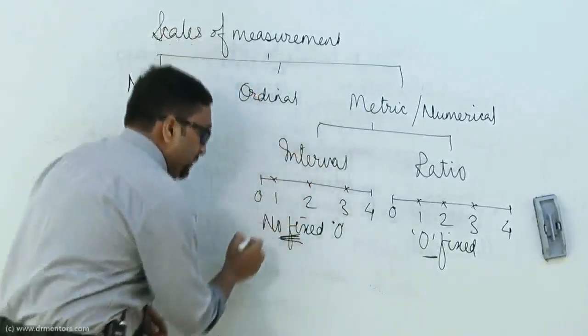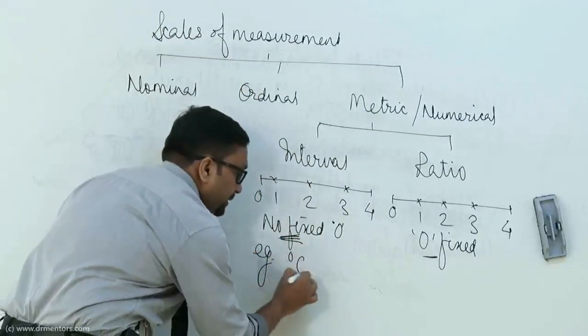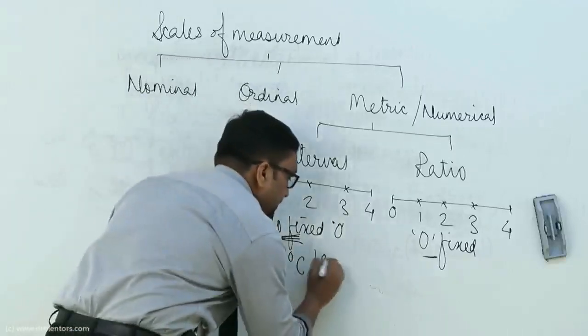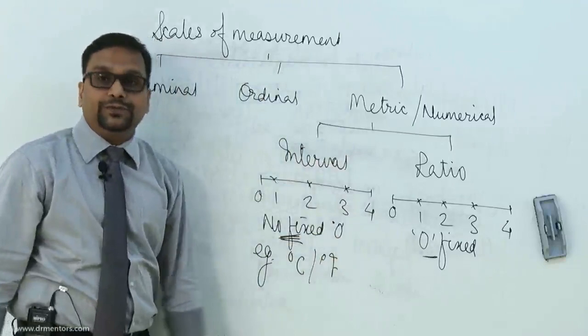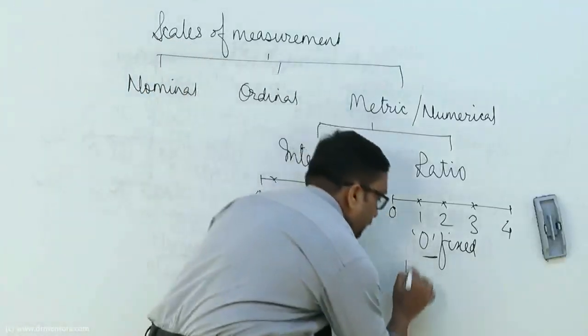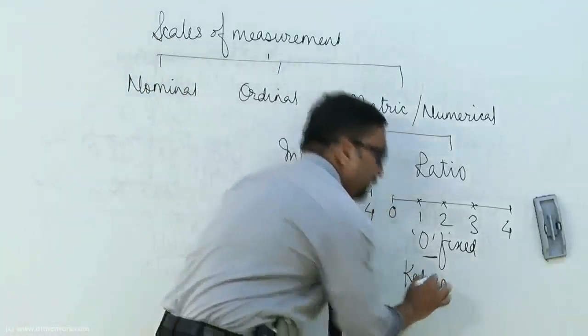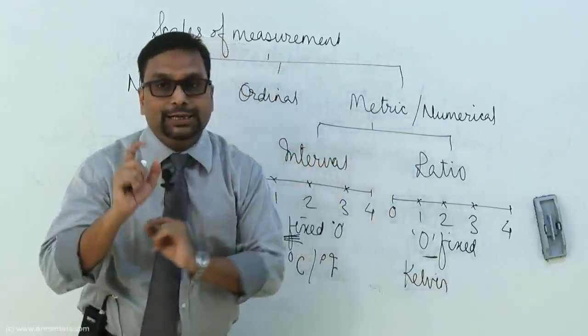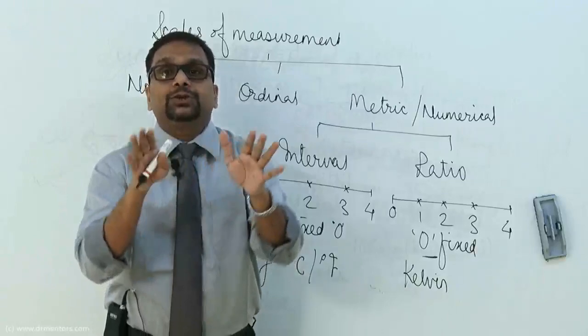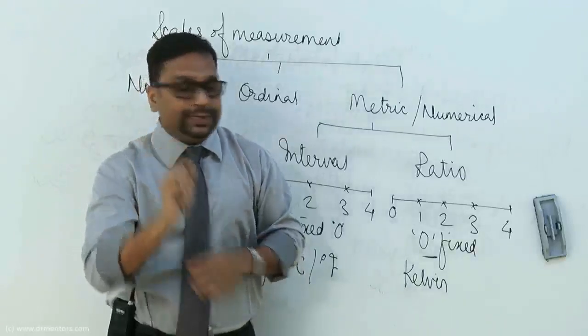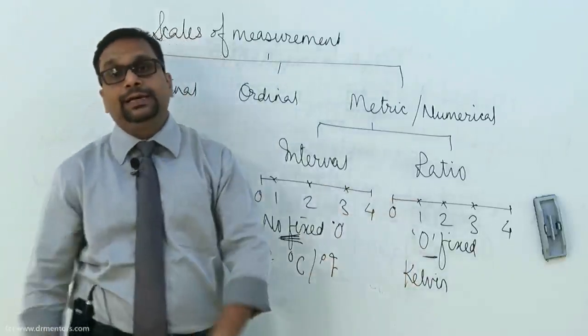And so, to summarize, temperature measured in degree Celsius or degree Fahrenheit is an example of interval scale where 0 is not fixed. The same temperature, if you measure in Kelvin, where I hope you know that in Kelvin scale 0 refers to absolute absence of temperature, so absolute 0 exists. And so that becomes an example of ratio scale.